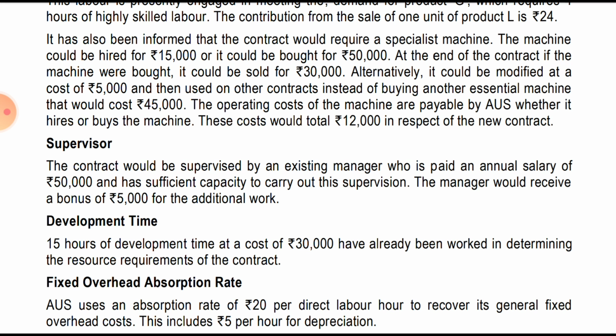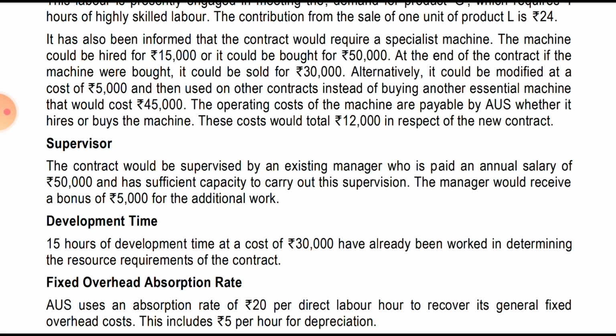The manager would receive a bonus of 5,000 for the additional work. The earlier cost of 50,000 is ignored because we will pay that anyway. There isn't any choice, and it is not incurred because of accepting the deal. But this additional cost of 5,000, we will consider as a relevant cost.